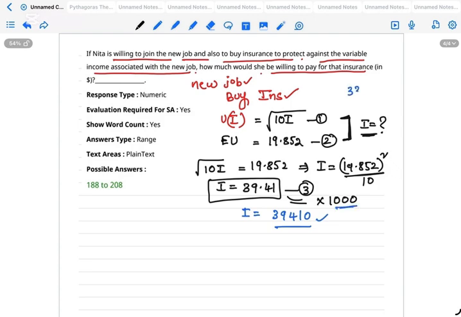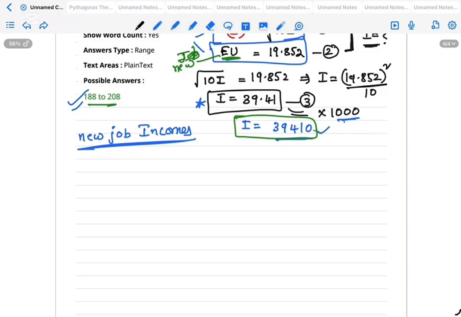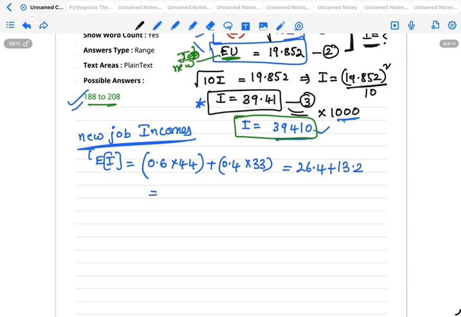If it is 33,000, we consider only income equal to 33, so we have to multiply by 1000. The new job's expected income is 0.6 times 44 plus 0.4 times 33, which is 26.4 plus 13.2, that is 39.6. We multiply by 1000, that is 39,600.